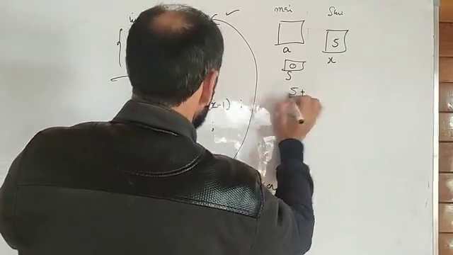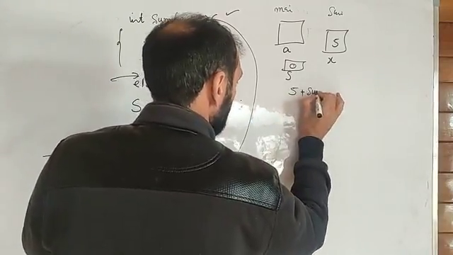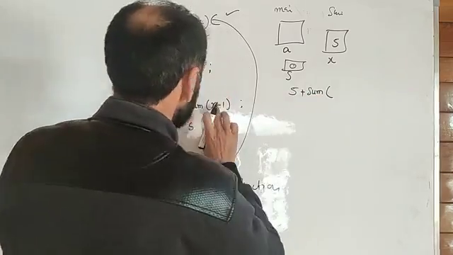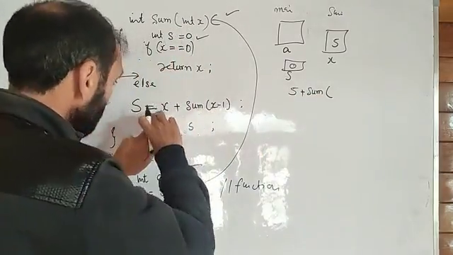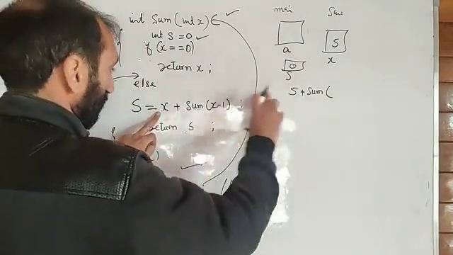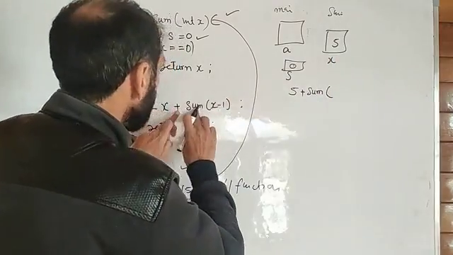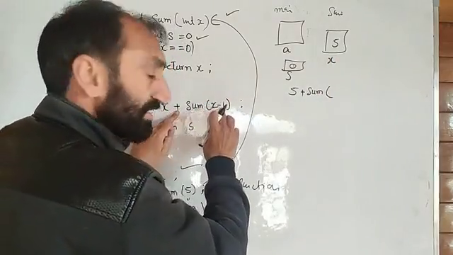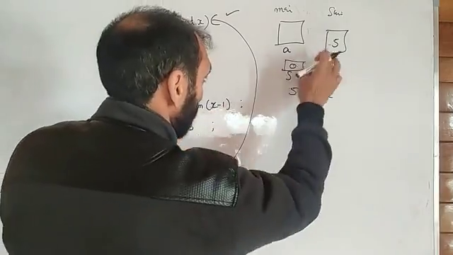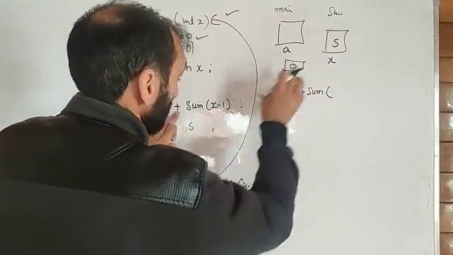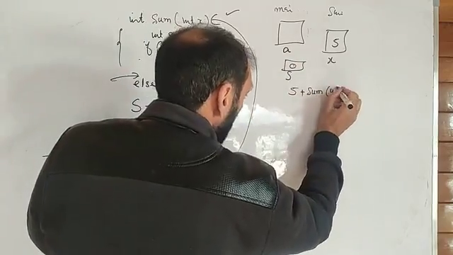Here I am going to write this statement: plus sum of x minus 5. What is x? S equal to x, and x contains 5, plus sum of x minus 5. X is 5, minus 1, that is equal to 4.